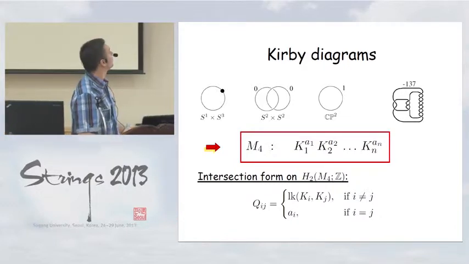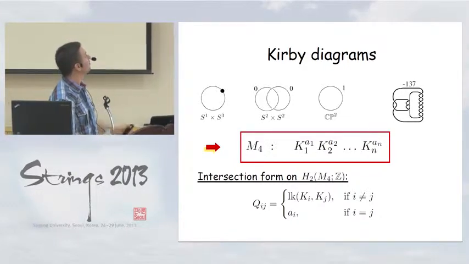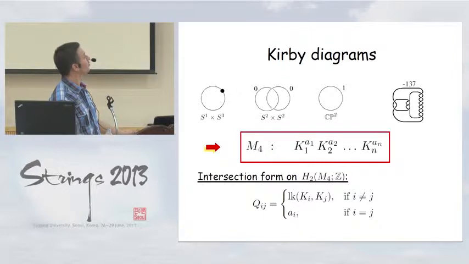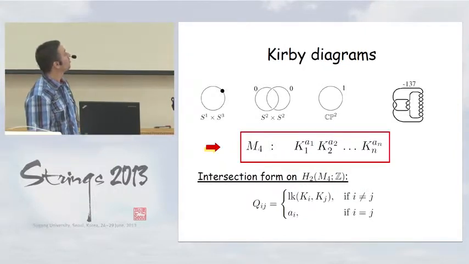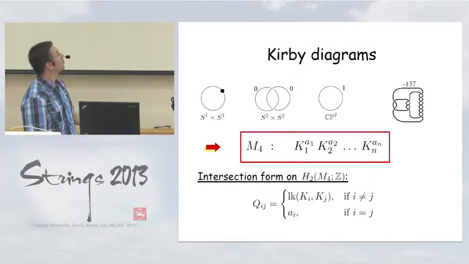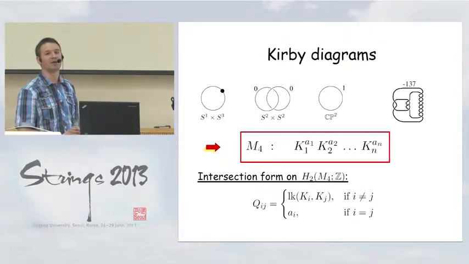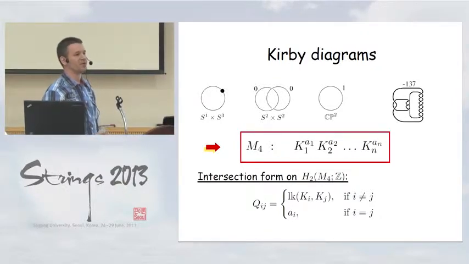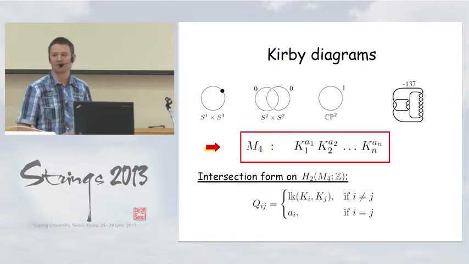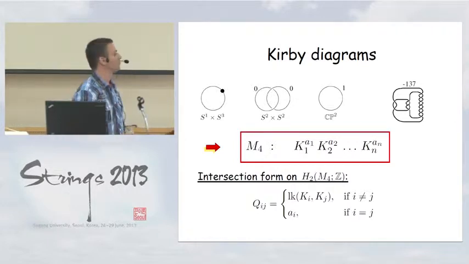A 2-handle is a circle which could possibly be knotted, or if you have several of them, linked with other components, labeled by an integer called the framing coefficient. What's shown here is an attaching region of a 1-handle, and as you can see, the corresponding manifold immediately becomes non-simply connected. That's actually the general feature of 1-handles. If you use them in the construction, you're typically going to end up with non-simply connected four-manifolds.